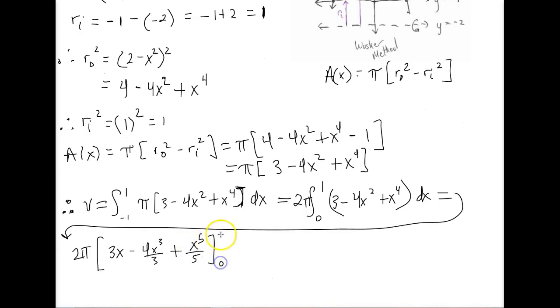And that gets evaluated from 0 to 1. Plug in 1 for the first set of terms. And then we plug in 0 into those same terms, and this gets 0.